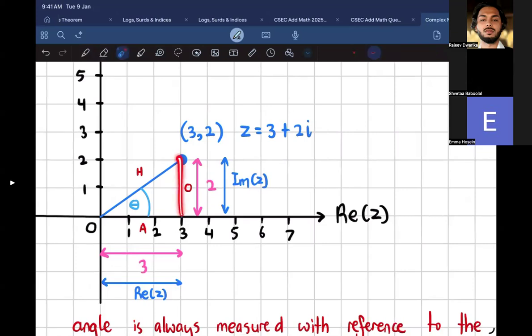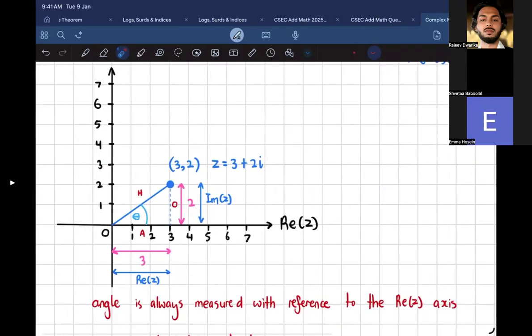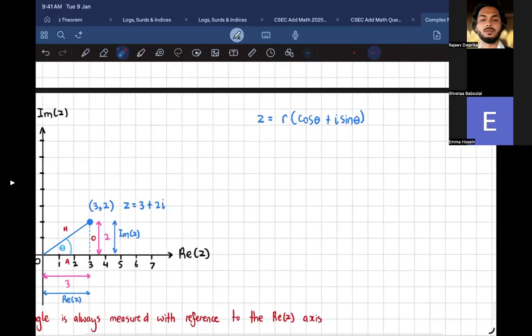So O corresponds to the 2, which is the imaginary part, and the 3 corresponds to the real part. So O corresponds to the imaginary part, and A corresponds to the real part. Am I confusing you? No. Okay.